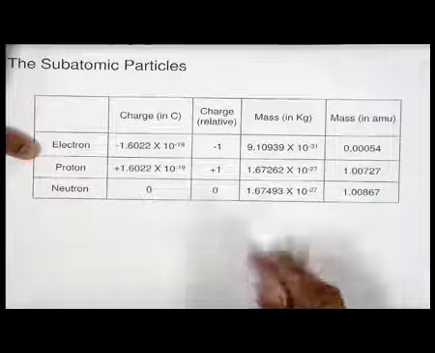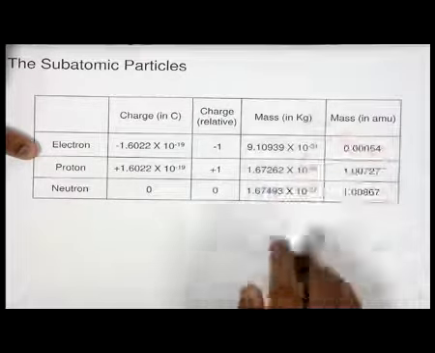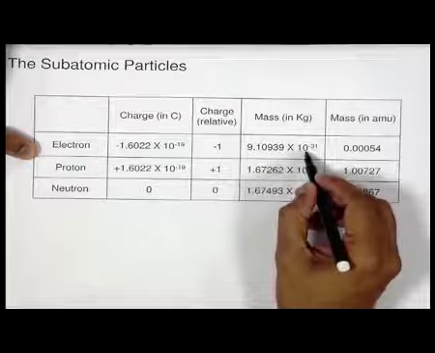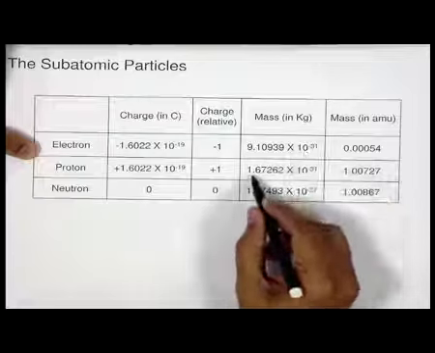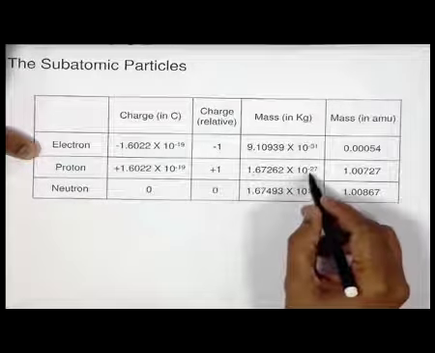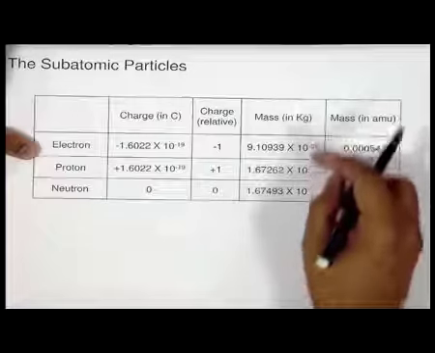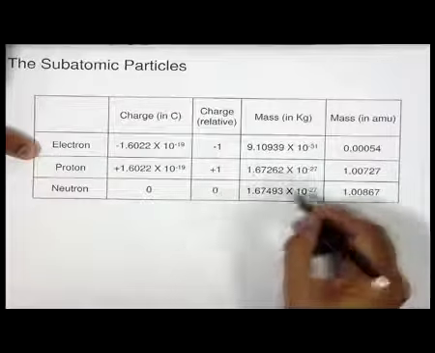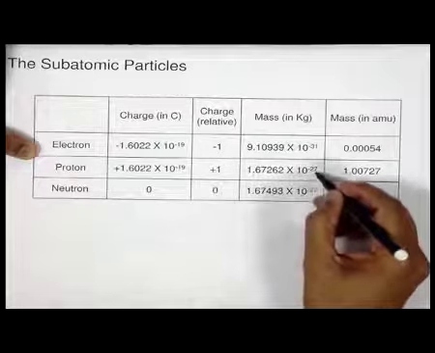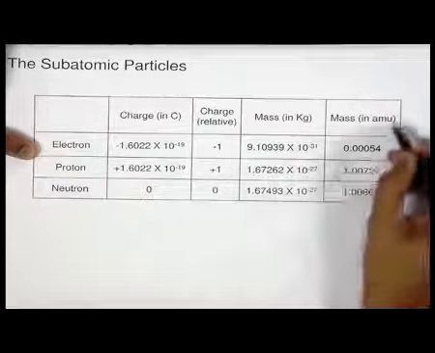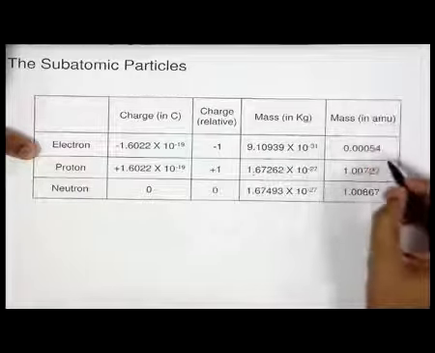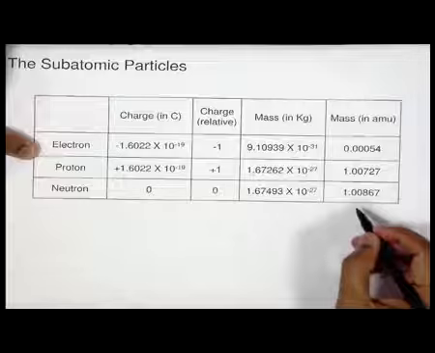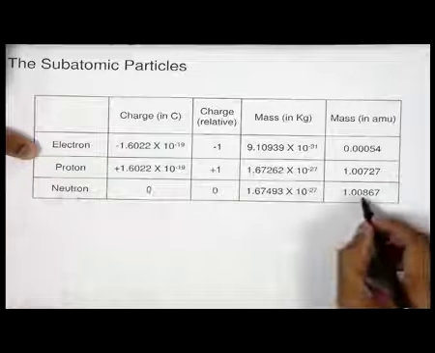When you look at the mass of these particles, the electron has a mass of 9.1 into 10 to the power minus 31 kilogram, and the proton has 1.6 into 10 to the power minus 27, which is nearly 2000 times heavier. The proton is heavier than the electron, and the mass of the neutron is nearly equivalent to the mass of the proton. On the atomic mass unit scale, the proton has 1.007 AMU mass and the neutron has 1.008 AMU.